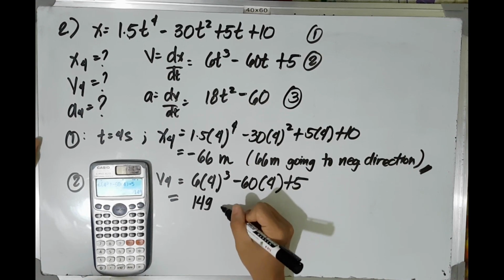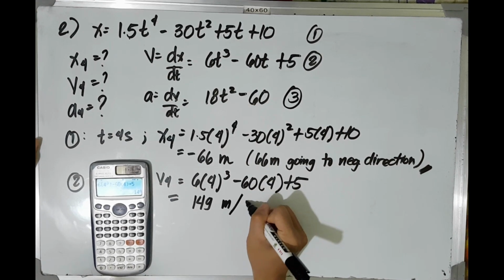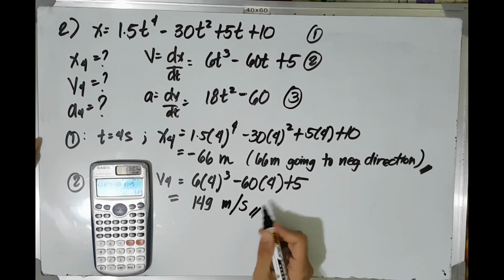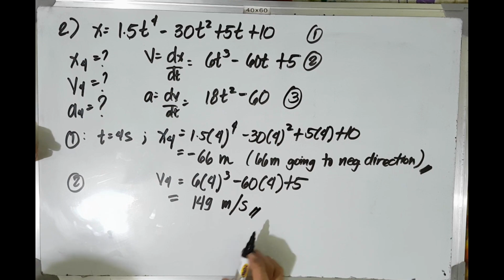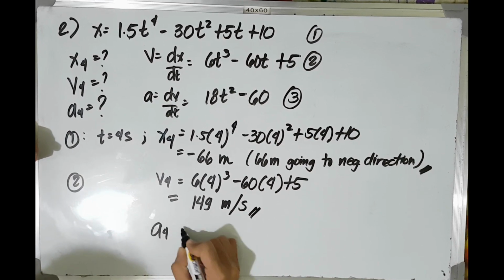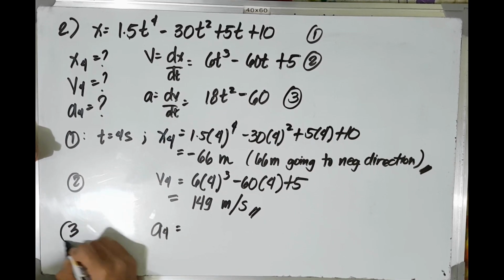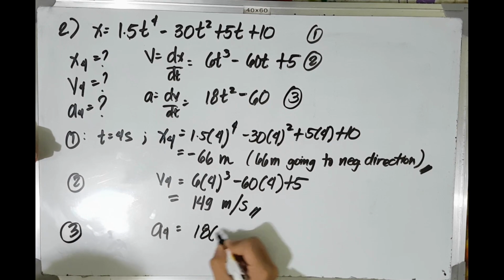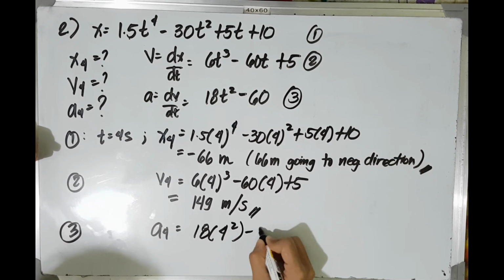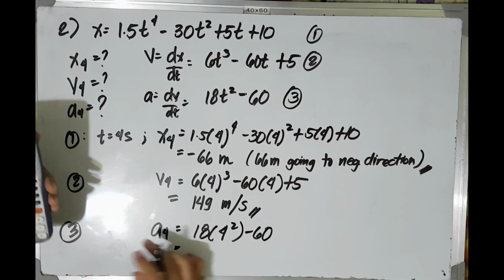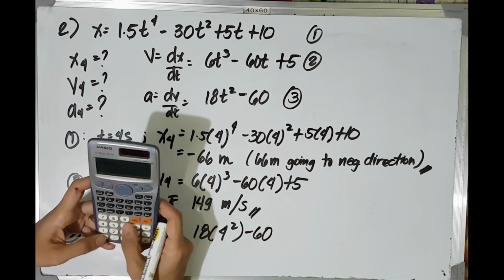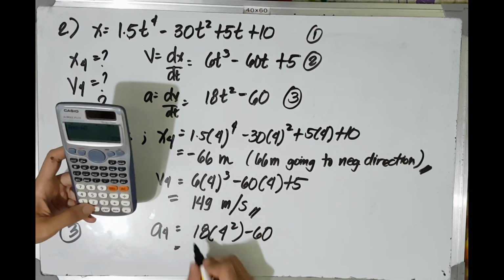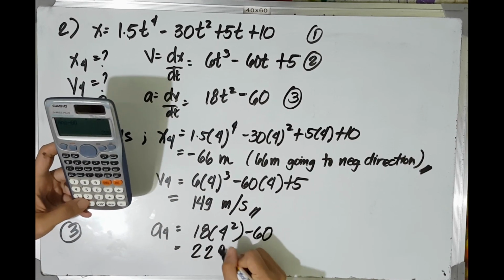And then the acceleration would be equal to 18 multiplied by 4 raised to 2 minus 60, so it is equal to 228 meters per second squared.